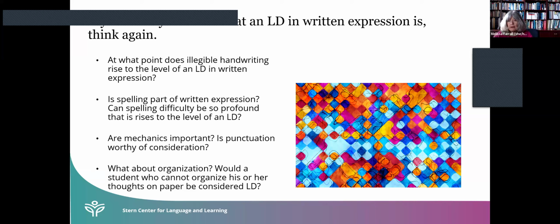Let me stop for a second and back up and say that typically what we are looking at is some kind of discrepancy between overall ability and the ability to put words on paper. And that difference can be attributed to a variety of different reasons.